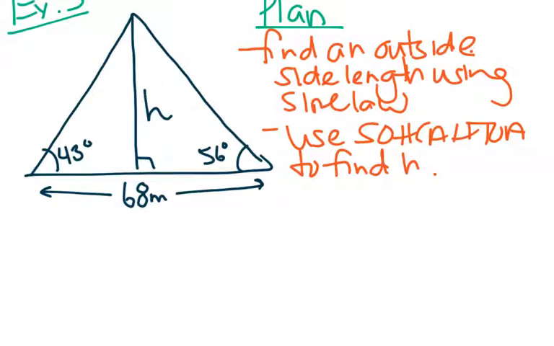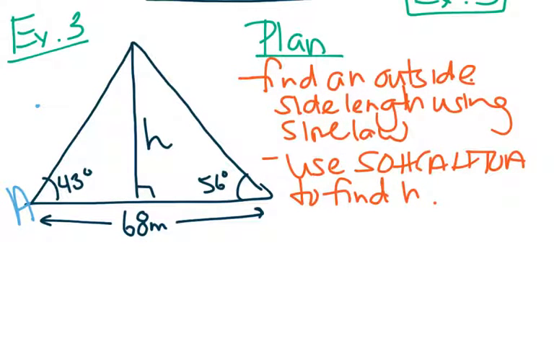I'm going to pick whatever I want. Let's make this big A, this big B, this big C, which makes this, of course, little a. Across here, this whole thing must be little b, and this whole thing here must be little c.